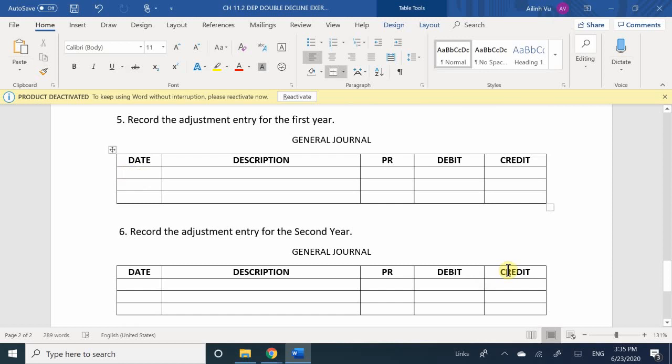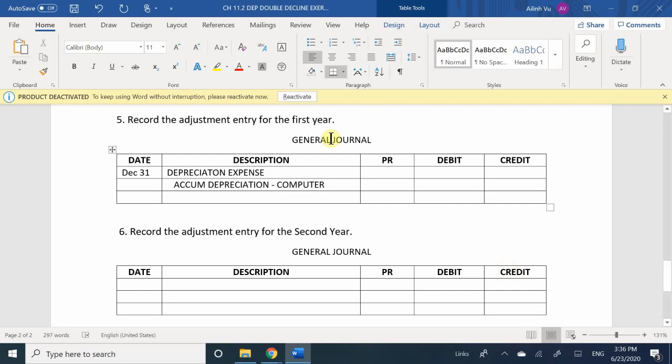So December 31st. What is my journal entry? Depreciation expense and accumulated depreciation for the computer. Yes, accumulated depreciation, computer.